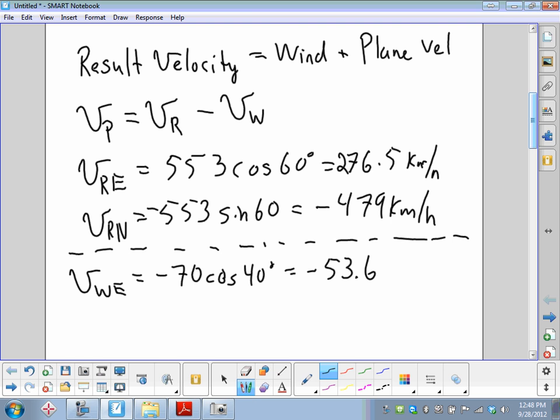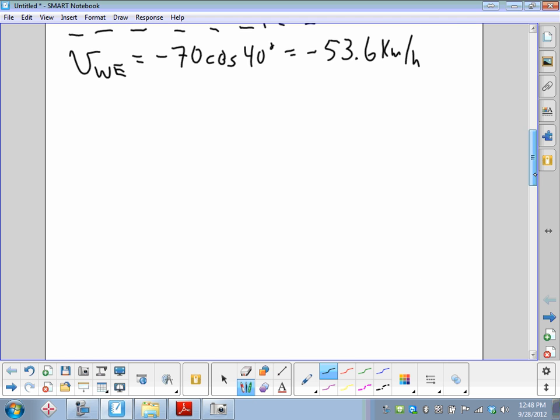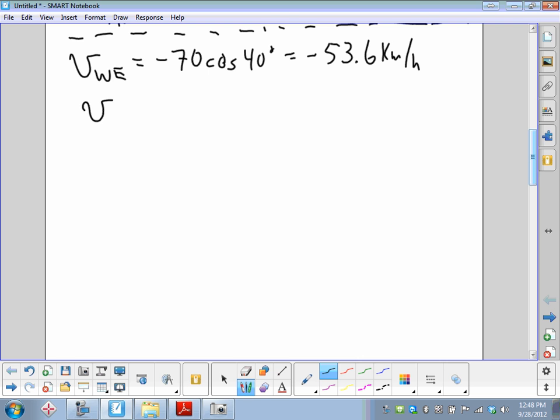Negative 53.6 kilometers an hour. And then the velocity of the wind in the north, it's directed south, so it's going to be negative 70 sine 40 degrees. That comes out to be negative 45.0 kilometers an hour.